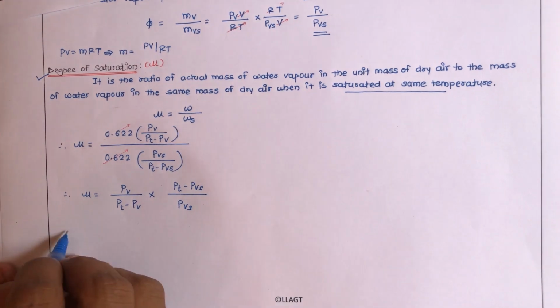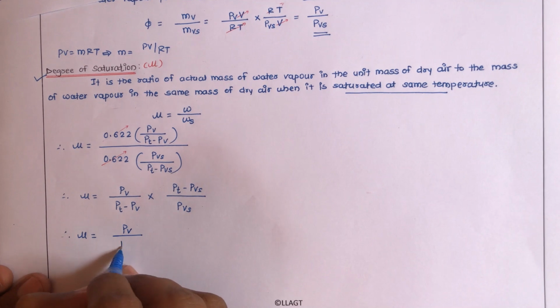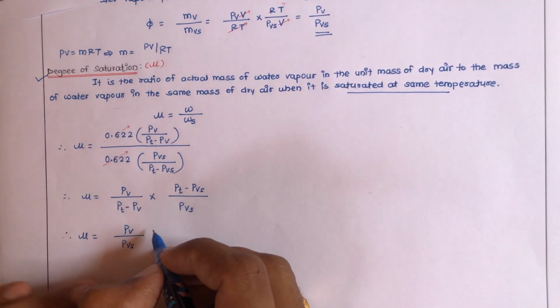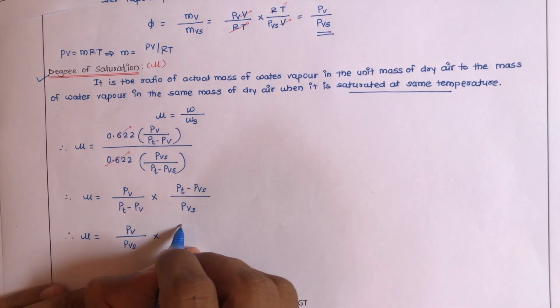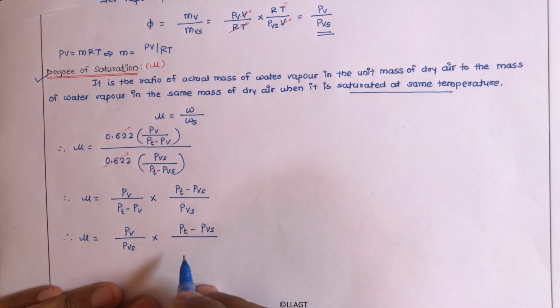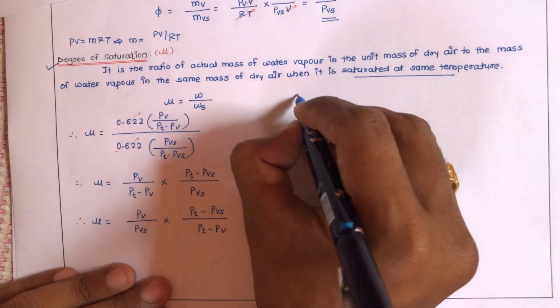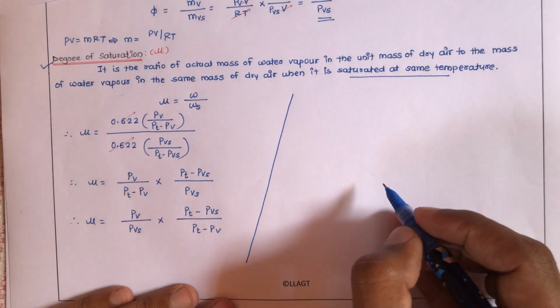Go on simplification. Therefore mu is equal to Pv upon Pvs multiplied by Pt minus Pvs divided by Pt minus Pv. Now go on simplifying it.